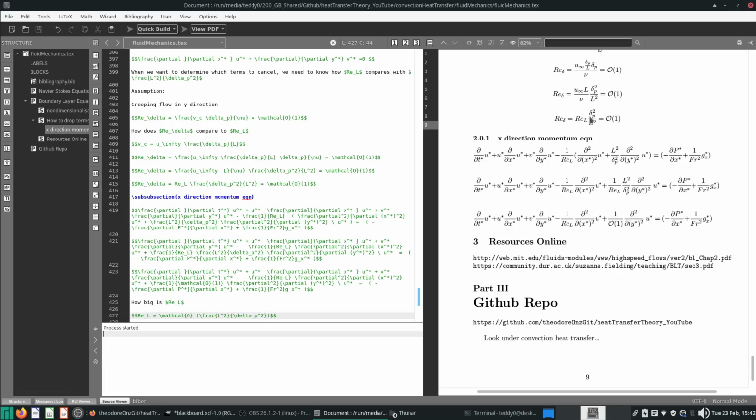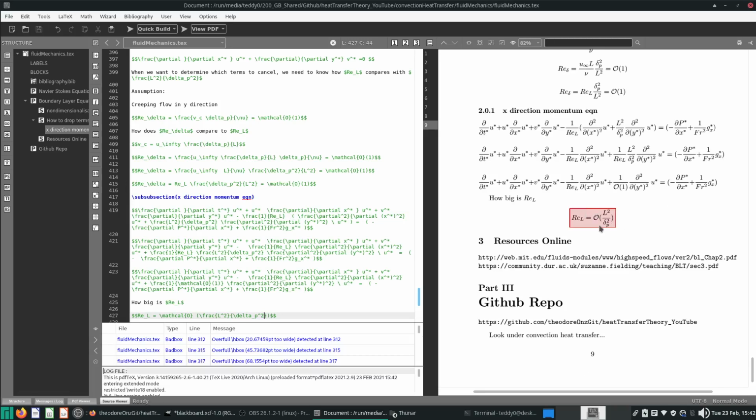I'm adding another line. REL is actually L squared over delta P squared, that kind of order of magnitude.